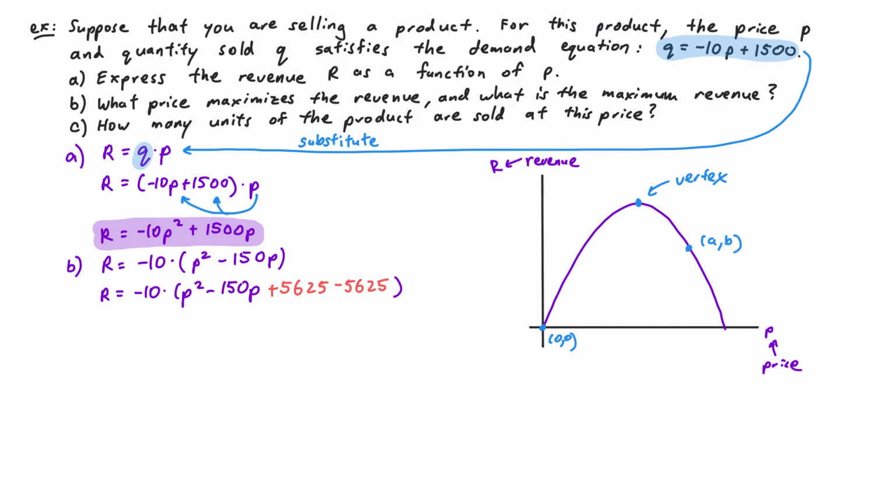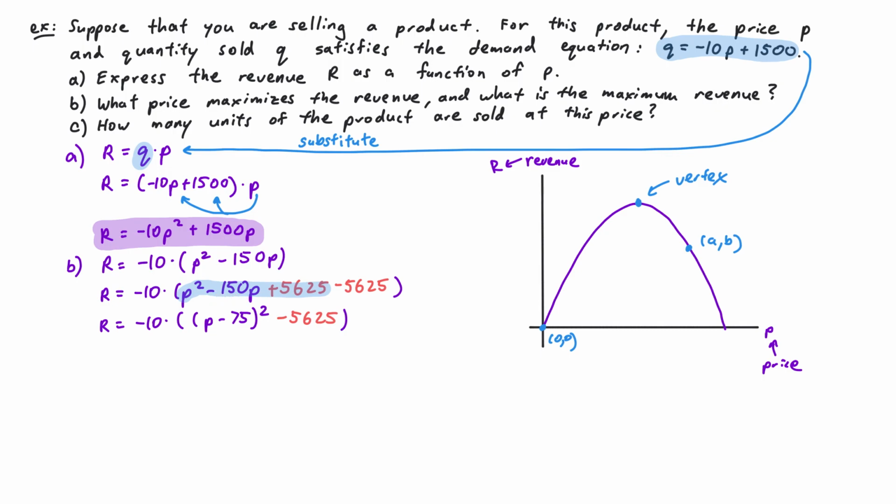But now what we can do is factor the p squared minus 150p plus 5625 as a square. We end up with r equals -10 times (p minus 75) squared, and then at the end we still have that minus 5625. We know this blue part factors as (p minus 75) squared because when we complete the square, the number that's with your variable is always half of this middle number.